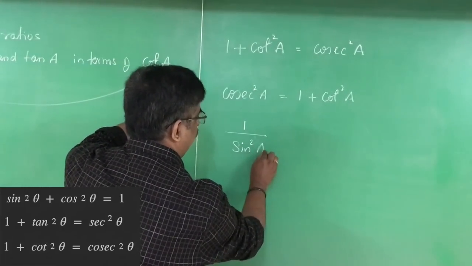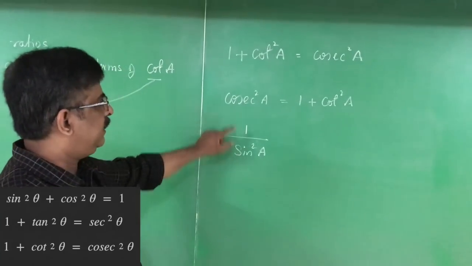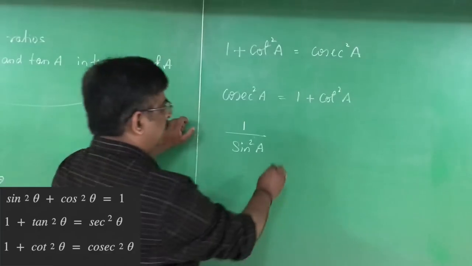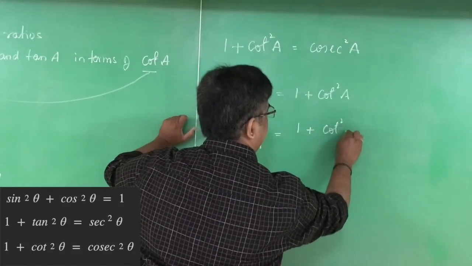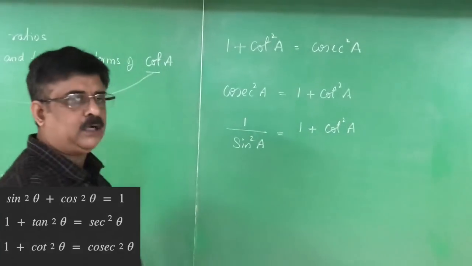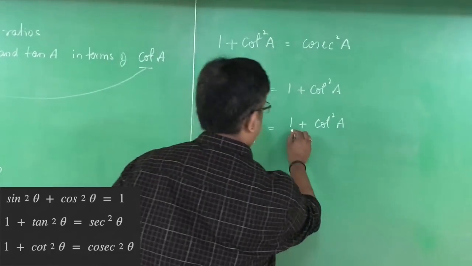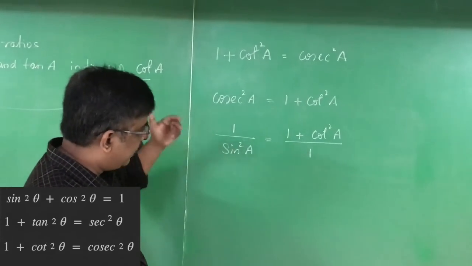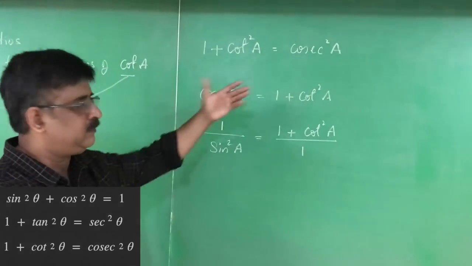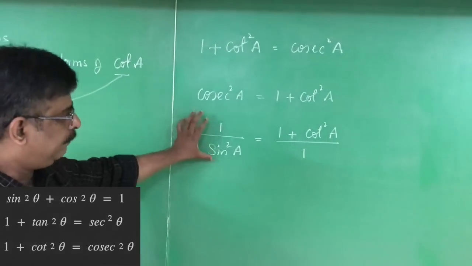That you know, because cosecant is the reciprocal of sine, is equal to 1 plus cot square A, right? 1 plus cot square A. I write the 1 plus cot square A by 1. Why? Because I wanted to express sine in terms of cot. Therefore, I made it like this.